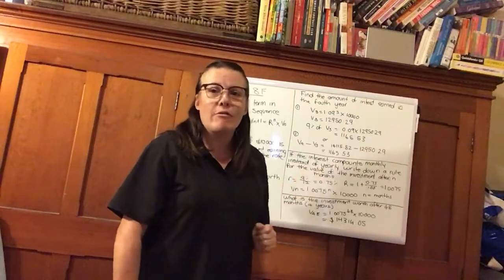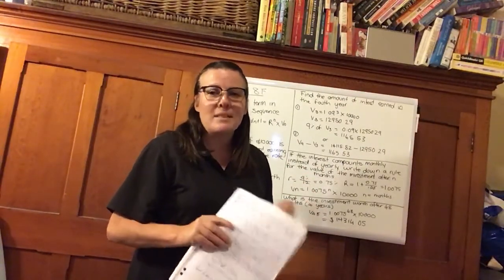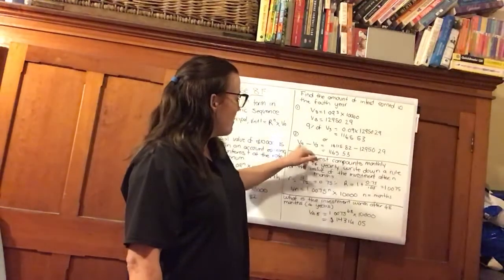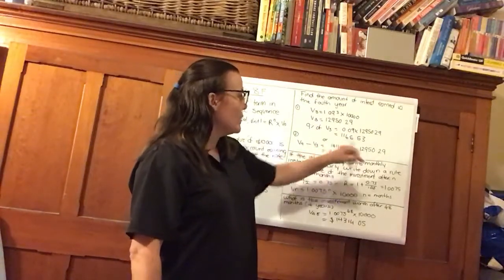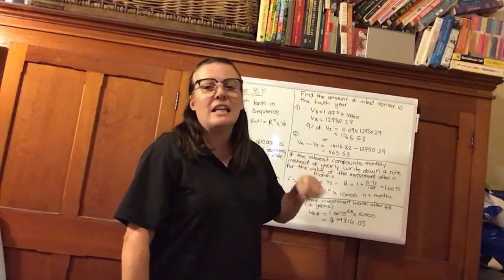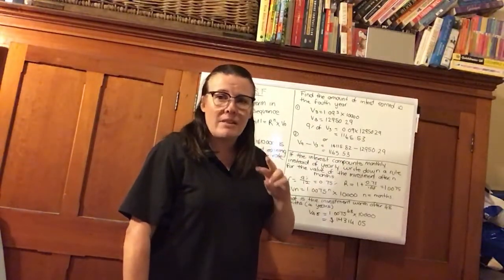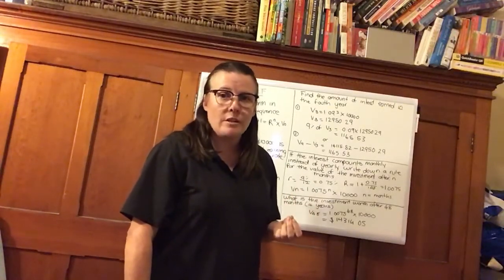Okay, the second method is, since I've already worked out the V4, if I work out the V3 and just take them away from each other, I will get the interest that was added in the fourth year. So I can take my V4 and subtract the V3, and that will literally just give me the interest that was added in that fourth year. So those are the two different methods that you can use to answer this type of question.